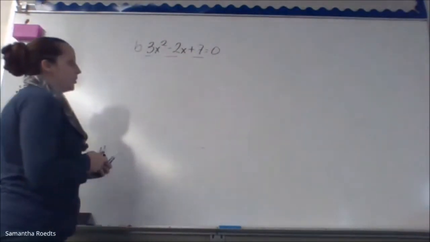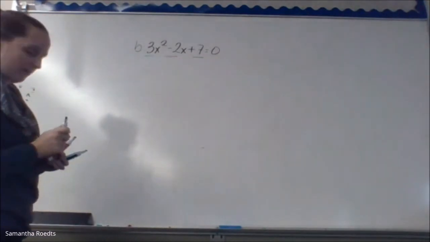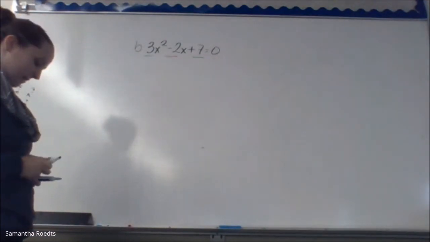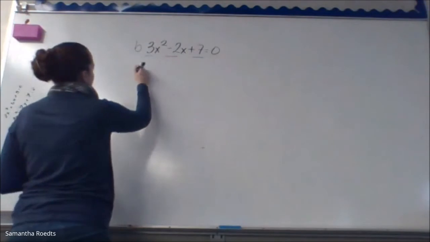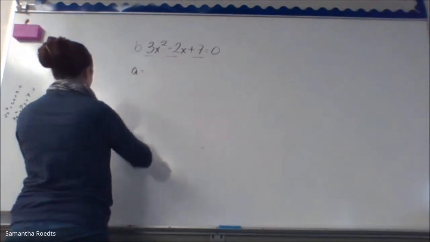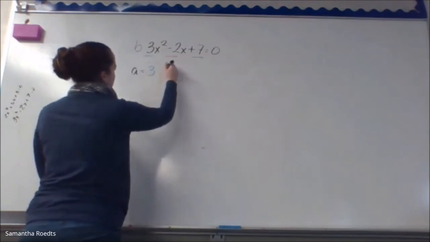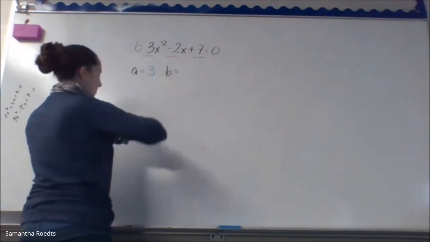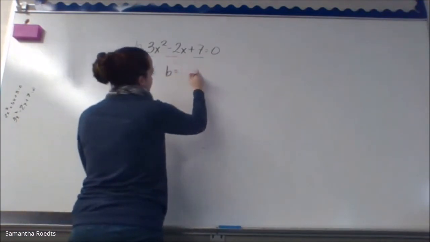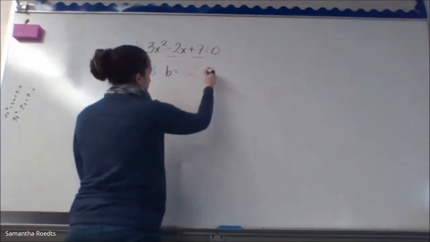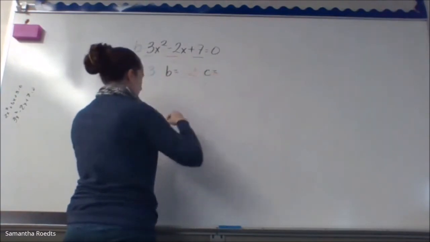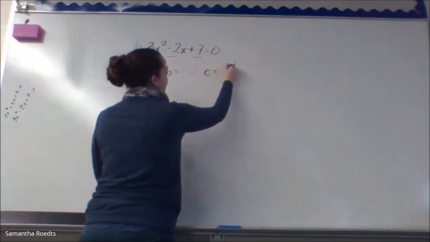So it's really important to include that minus sign out in front. So A equals 3, B equals negative 2, C equals 7.